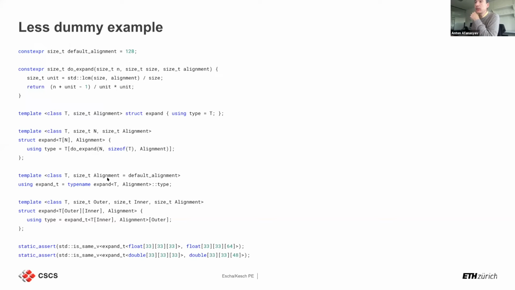What we can see from that example is that sometimes the calculations that we need are quite complex. For example, if we did not have this least common multiple in the standard library, this algorithm would require some loops.